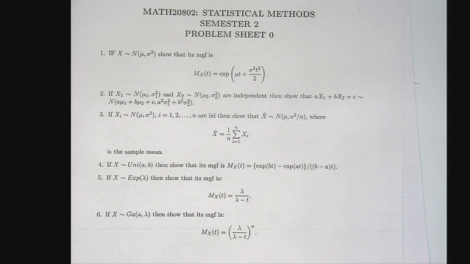So what we have shown, let's go back. What we have shown is that by taking the MGF of this, we have shown that it is equal to something that is the MGF of a normal variable, and therefore we have established that y, remember, I denoted this by the variable y, is normally distributed with the parameters mu1 a plus mu2 b plus c.